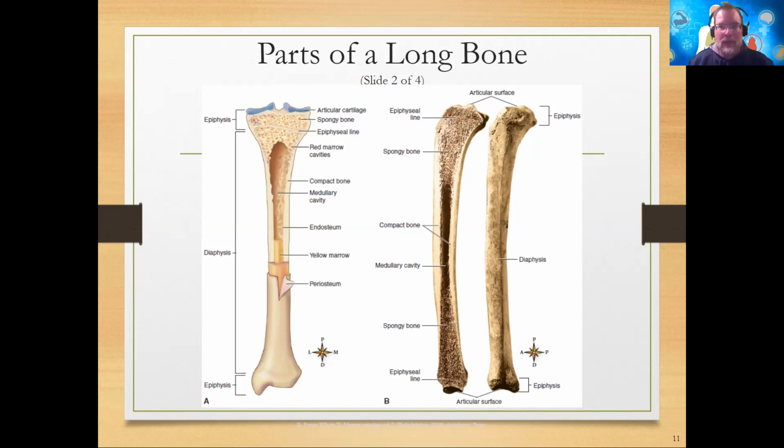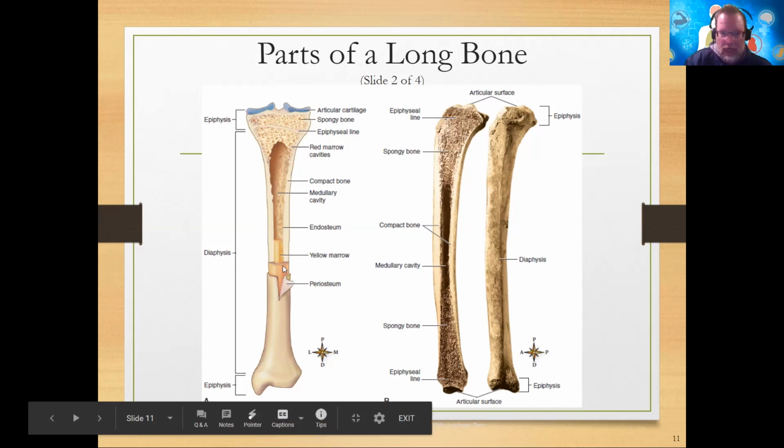So keep that in mind if you're faced with multiple choice questions. If you see the proximal epiphysis of a bone would be found on an example of which of the following bone types: long bone, short bone, flat bone, irregular bone, sesamoid bone. You're not given a lot of info, but just the word proximal tells me that I'm dealing with a long bone. So anyway, that's what's going on there.